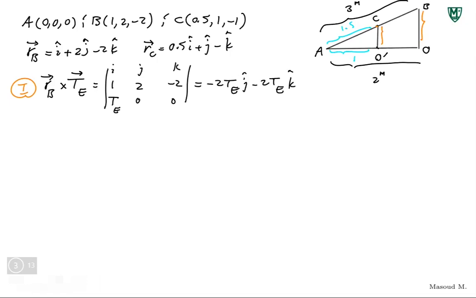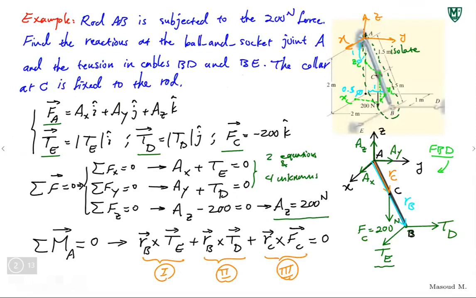Let me double check. Nothing for I, minus 2 TE J for K. Yep. All right.